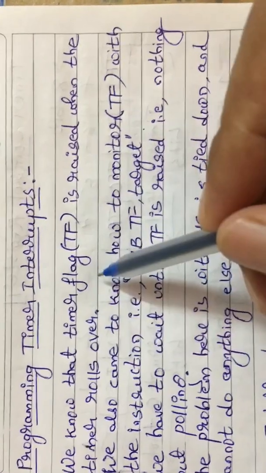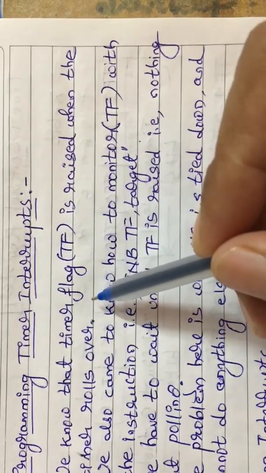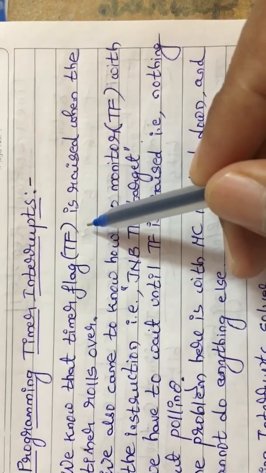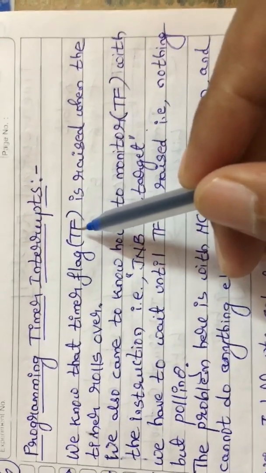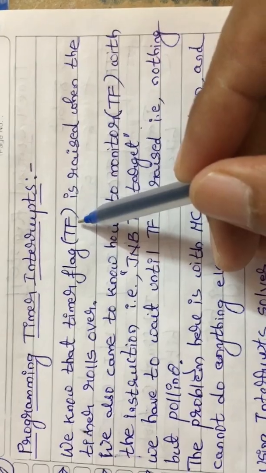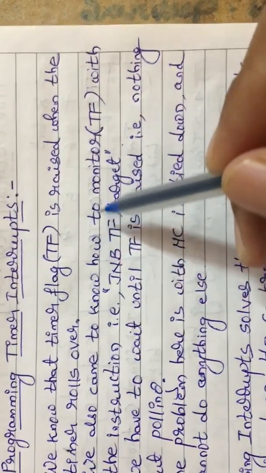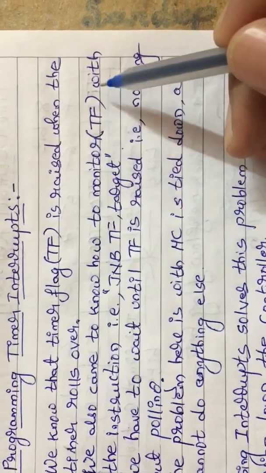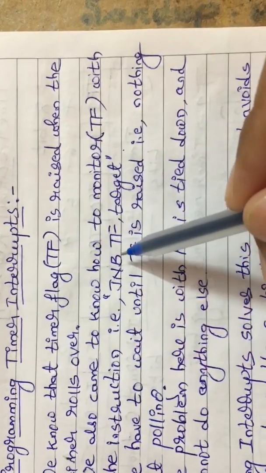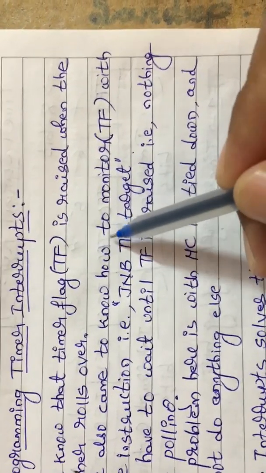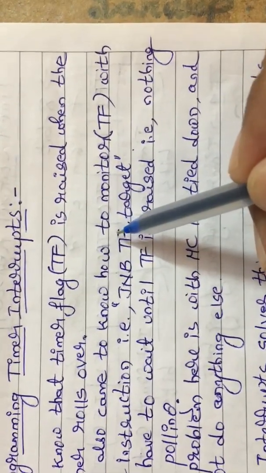The meaning is, whenever the timer reaches the final value and resets back to 00, the timer overflow flag will be set. We also know how to monitor the TF flag with the instruction JNB TF, target.